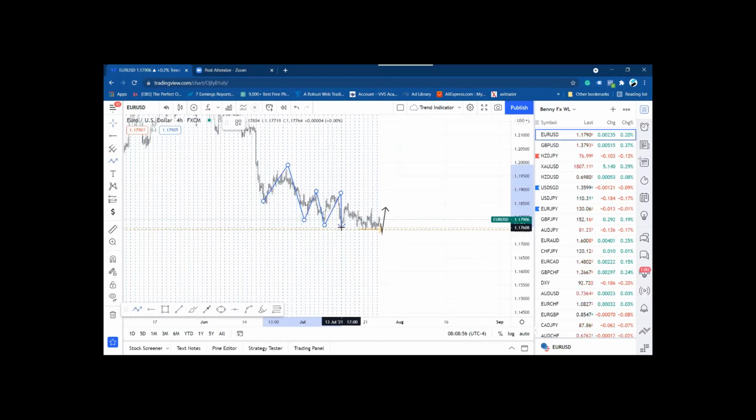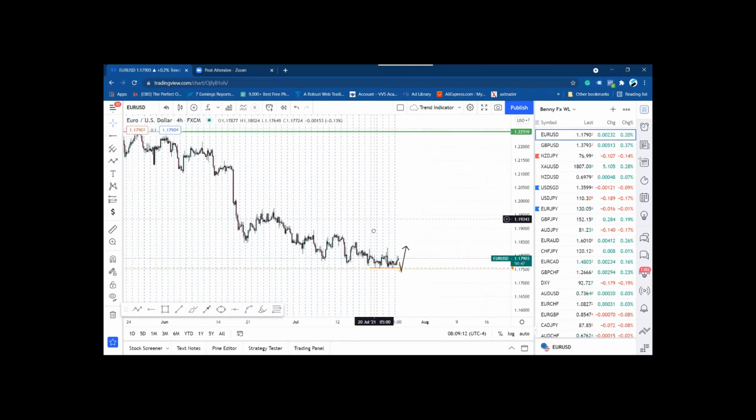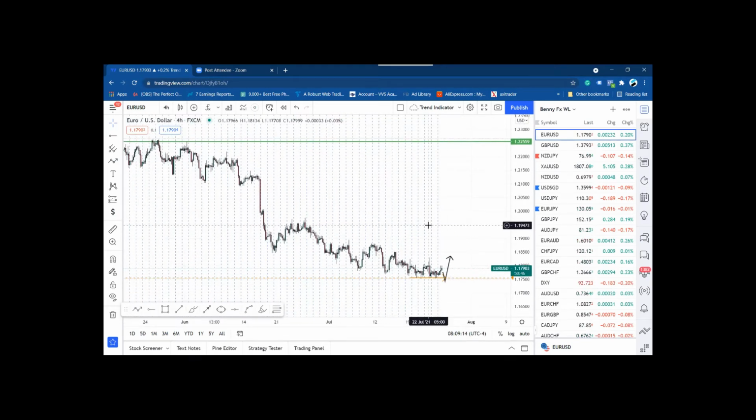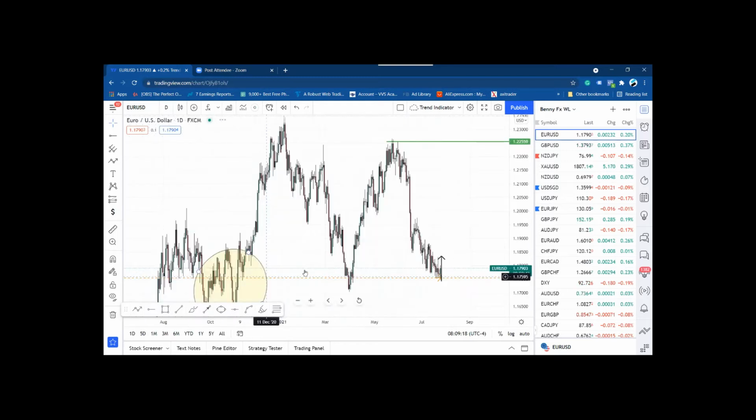You see, market continues to make a lower high, lower low, lower high, lower low. Right, we have not seen any significant change of behavior that market wants to move higher, but the intention is for the market to move higher. I have not seen any significant change of behavior yet based on 4 hour time frame, based on daily time frame. I have not seen yet.